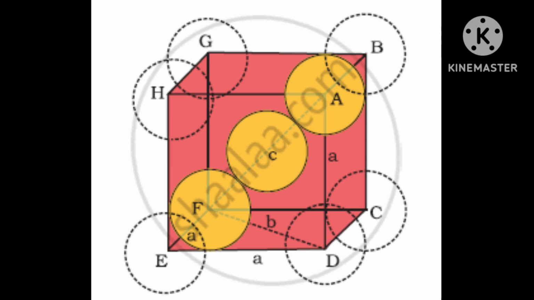The volume occupied by 2 spheres you have already calculated: 2 into 4/3 pi r cube, into 100, and down is the total volume of the unit cell. What is the value of r?